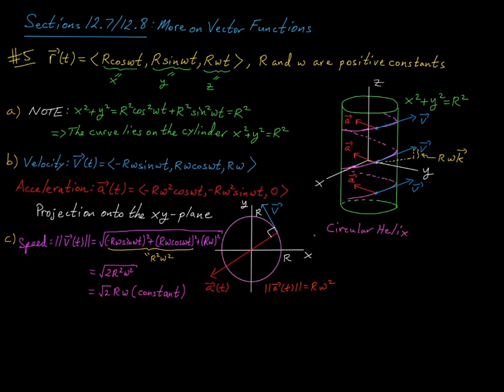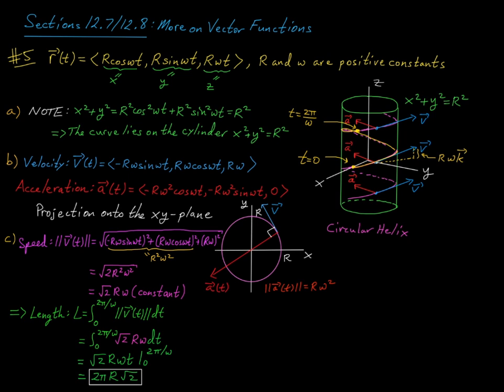All right, so now to compute the arc length, we're letting t vary from 0. We're going to be located right here along the positive x-axis when t is 0, up to when t is 2 pi over omega. Now the period of our sinusoidal waves for the i and j components is 2 pi over omega.